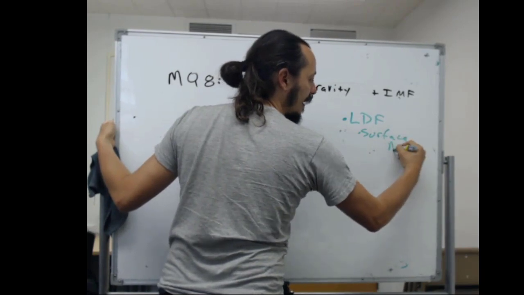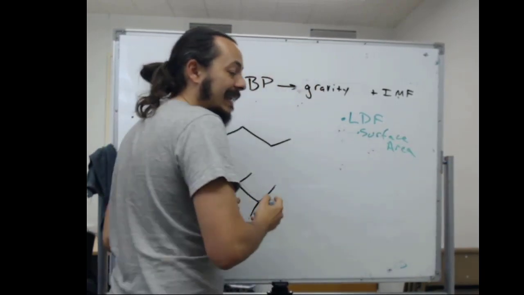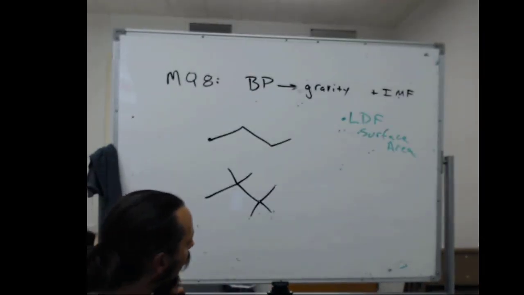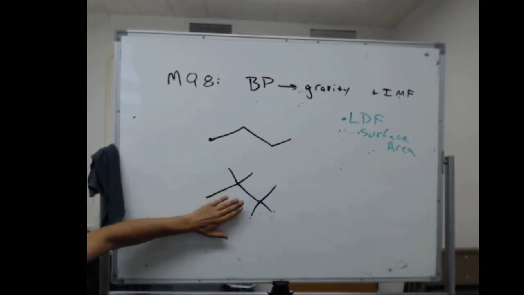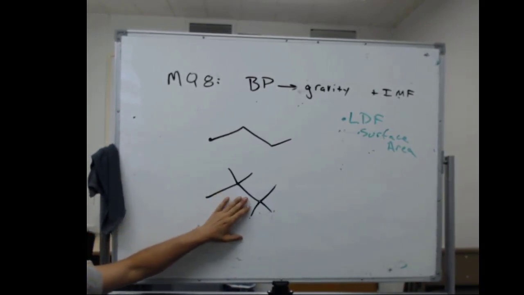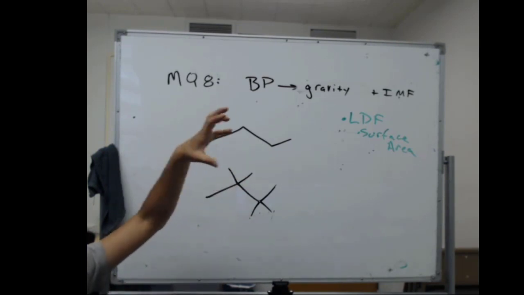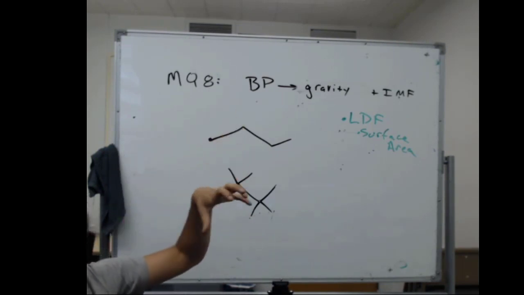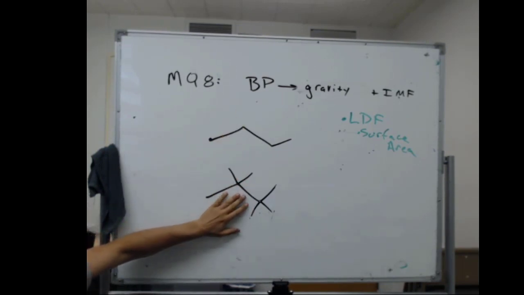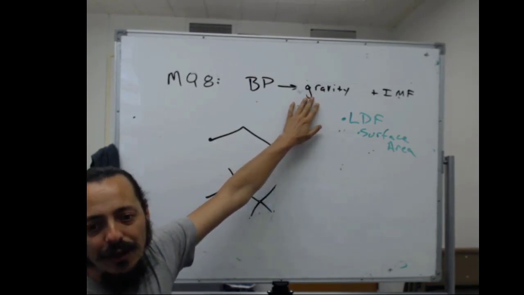Right, so it's only telling us about the weakest of the IMFs. But this one's going to be a lot more massive, which means when I'm trying to turn it into a gas, like a free-floating vapor, it's going to take more energy to overcome the gravitational effects.